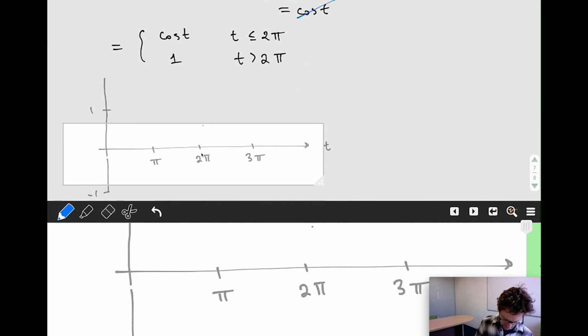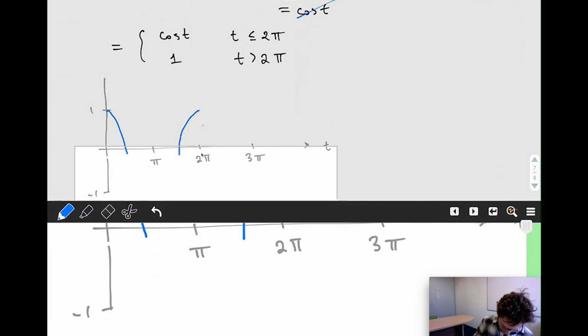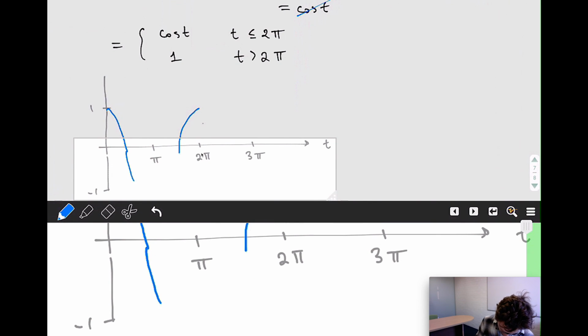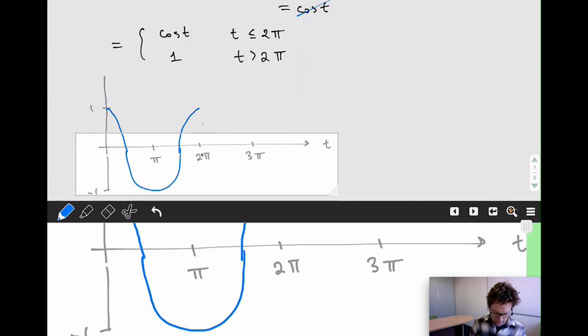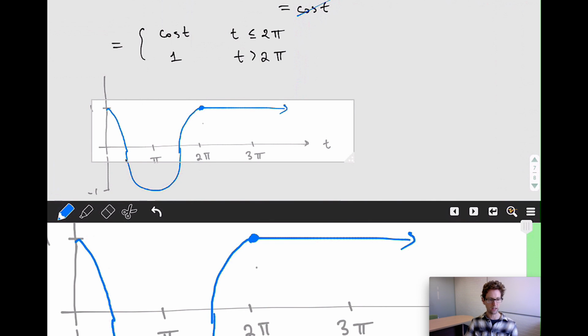It does something like this. But then at t is equal to 2 pi, my function changes and just becomes equal to the constant value 1. So you notice there's no discontinuity, but it just stops oscillating like cosine and becomes a constant value.